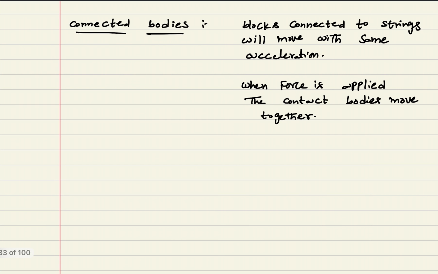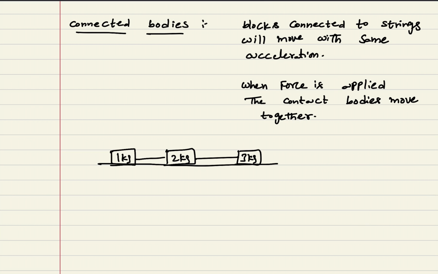Okay, example you can see. I am taking a body of 1 kg, a 2 kg body, a 3 kg body. I have arranged like this, and the whole arrangement is moving to the left side with a force of, let us consider, 60 Newton that I am applying.